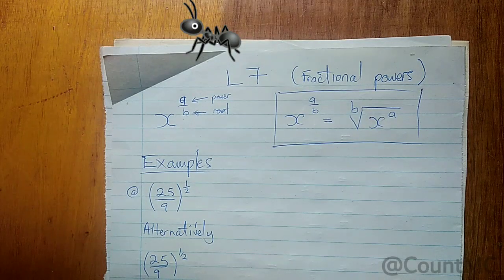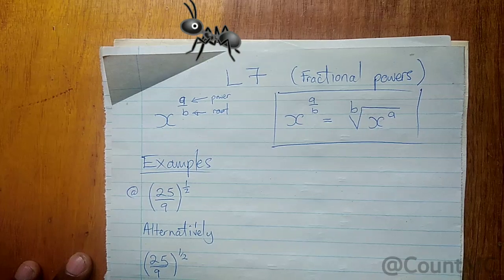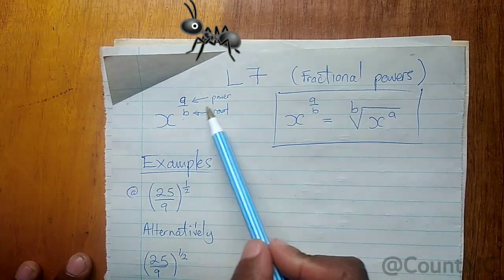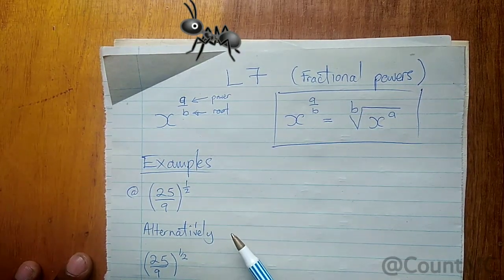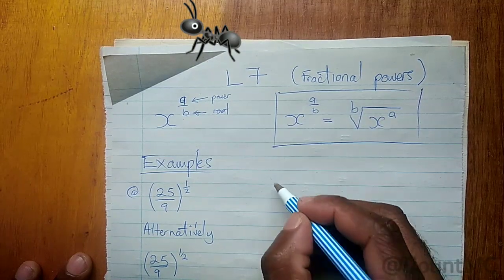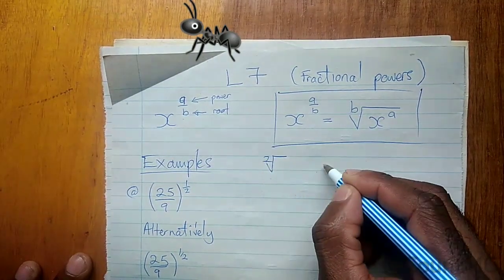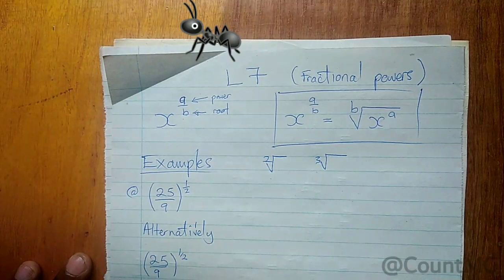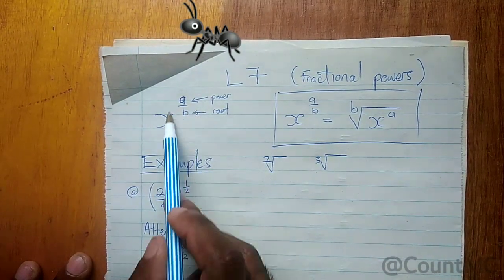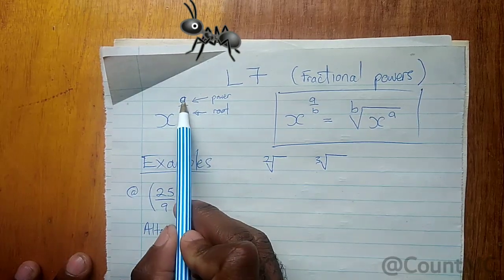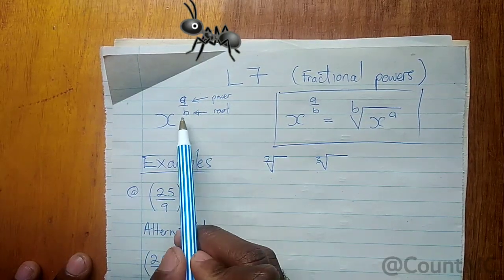Okay, so let's finish up with law number 7. This law is now explaining if you've got a fraction as a power. We are going to use it to talk about square roots and cube roots. It says when you have a fractional power, the numerator of that fraction is the power.